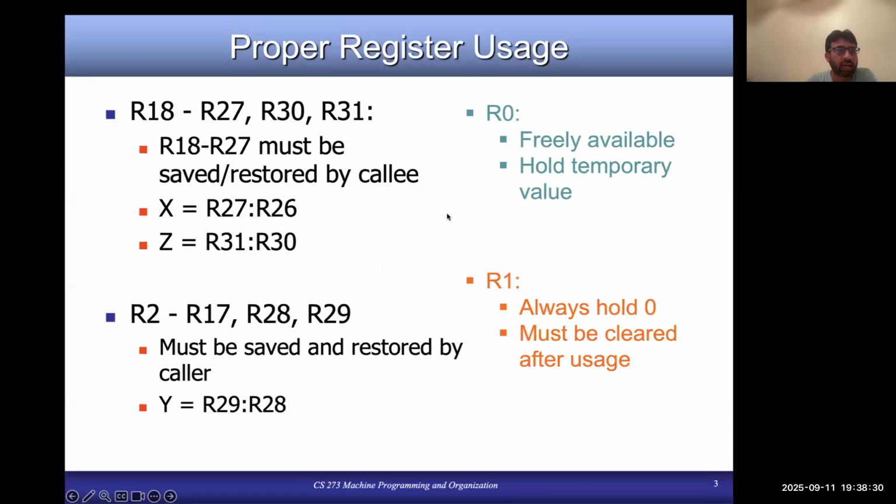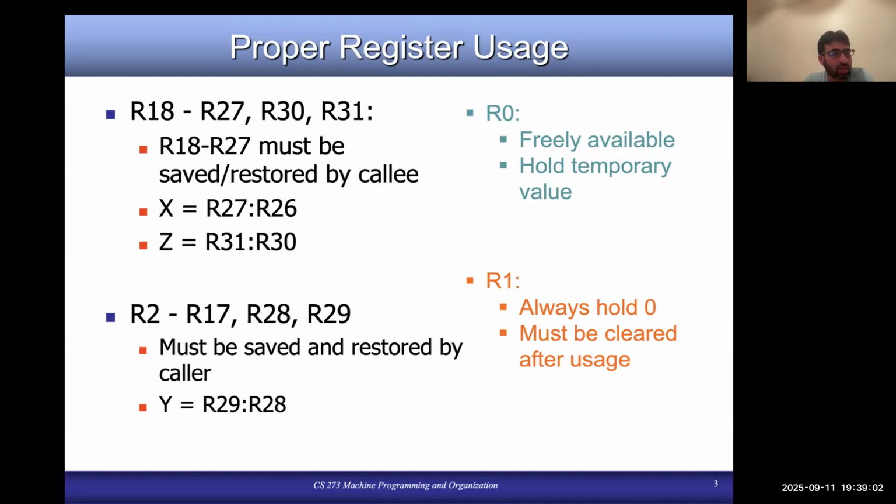So what we need to do is that these registers R2 to R17 must be saved and restored by the caller, which means that it is the responsibility of the caller function that if it is using any of these registers R2 to R17 in its code before calling the callee, or for example in our case the foo function, it is its responsibility to store them in memory and then make the function call, because we cannot take the risk.